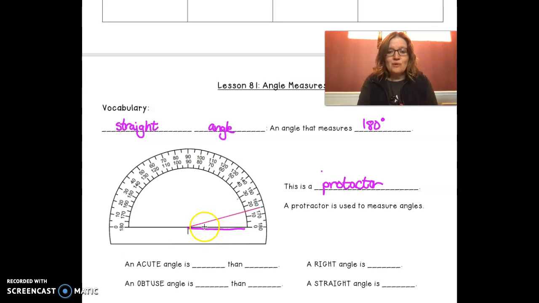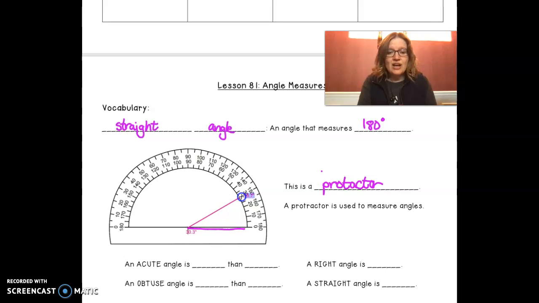And when we have two lines that intersect, we can measure the angle. So I'm going to undo this, and we're going to mess around with it. Here I'm looking at my protractor. I'm going to create a line, and I'm going to make this 30 degrees.